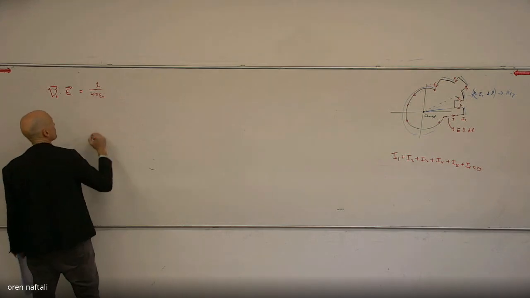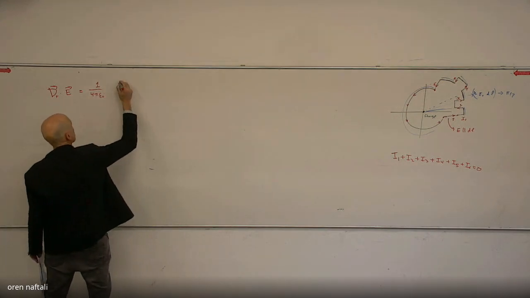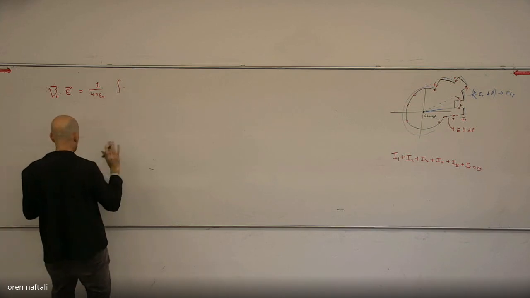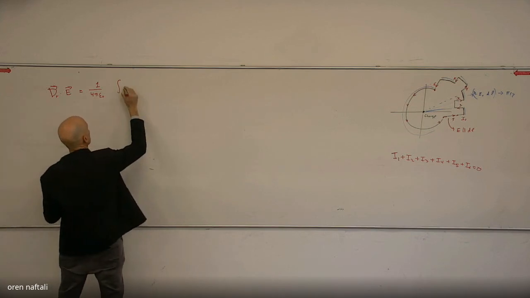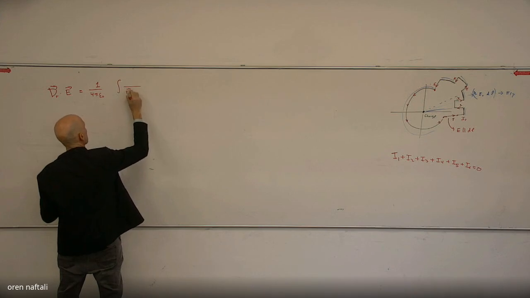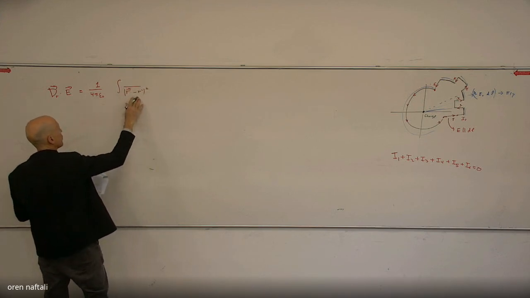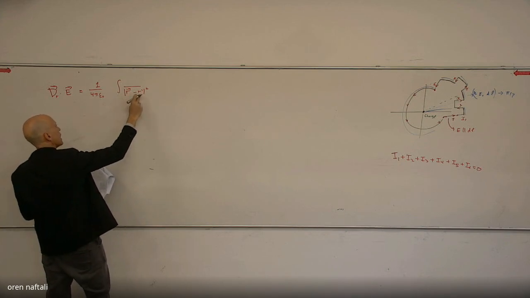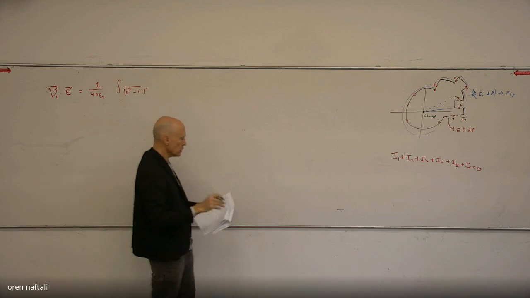No, I'm doing it in general, sorry, I made a mistake. I have here r minus r prime. And now you know already what is the meaning of r prime. This r is the position where the field is. R prime is the position where the source is.